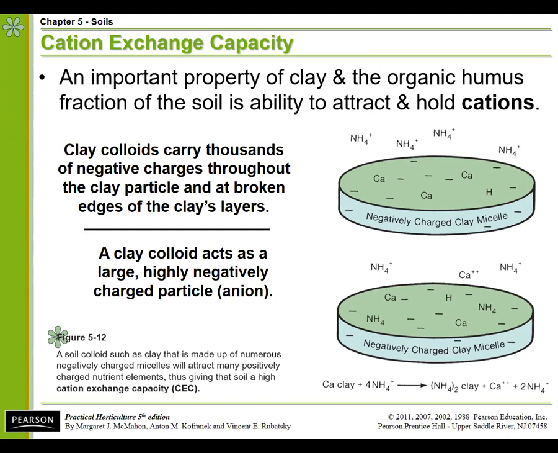So clay and humus or humic colloids are able to carry these negative charges on the surface of the colloids themselves, which means they are able to attract and hold on to the cations themselves. So the clay particle or the humic particle, those colloids are similar to what we refer to as anions.